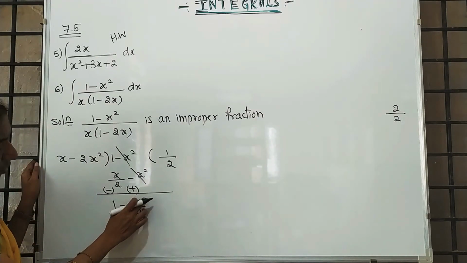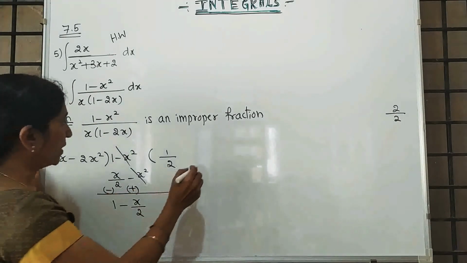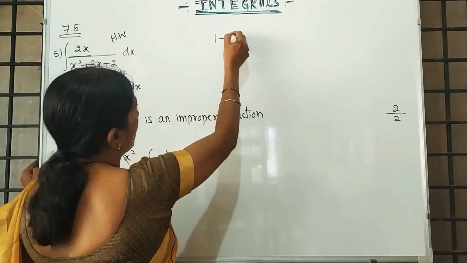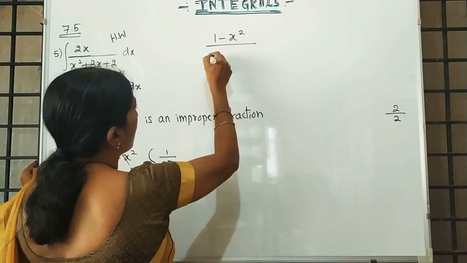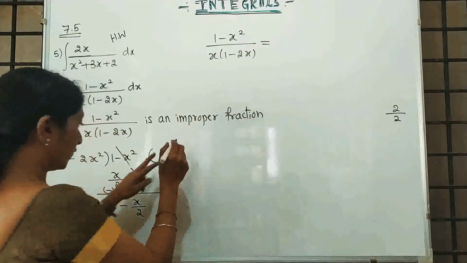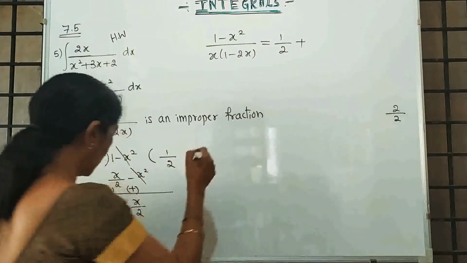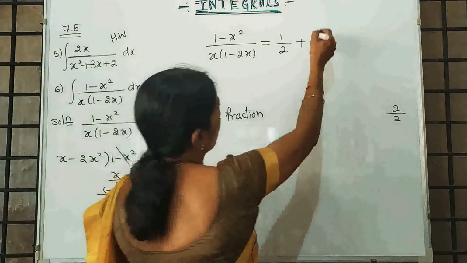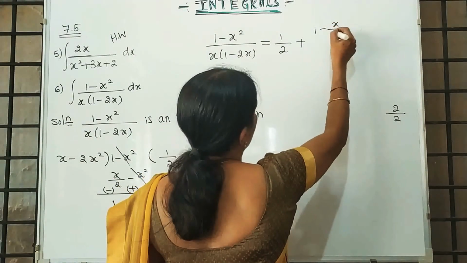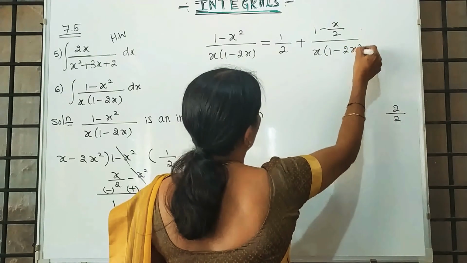Now the highest power of x is 1. So comparing with the denominator it is less. Then how do you write? Therefore 1 minus x square upon x into 1 minus 2x: the quotient is 1 by 2 and the remainder is 1 minus x by 2, upon x into 1 minus 2x.